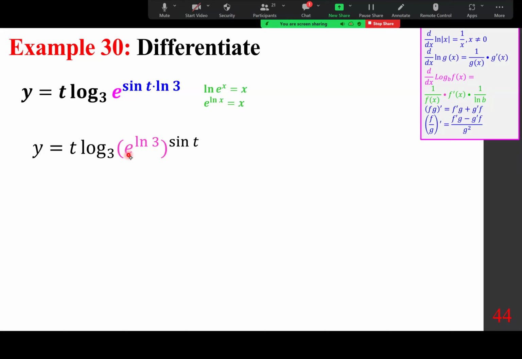So what happens? E to the power of ln x is x. E to the power of ln 3 is 3. So this thing can be replaced by number 3.